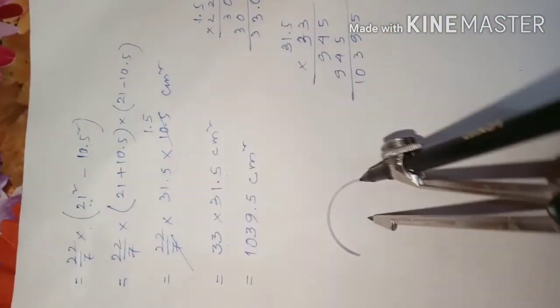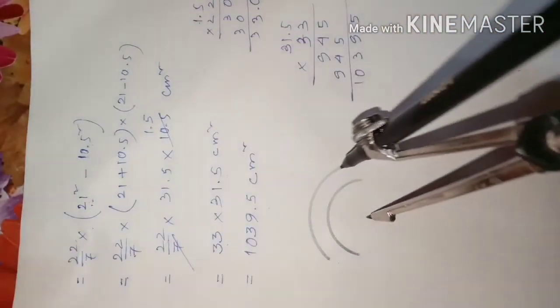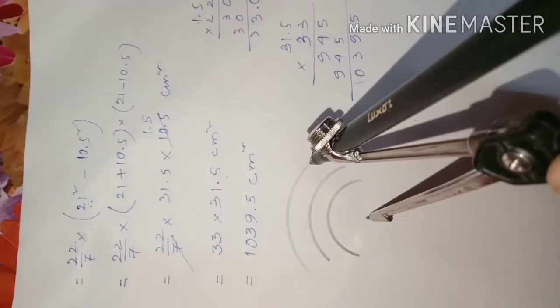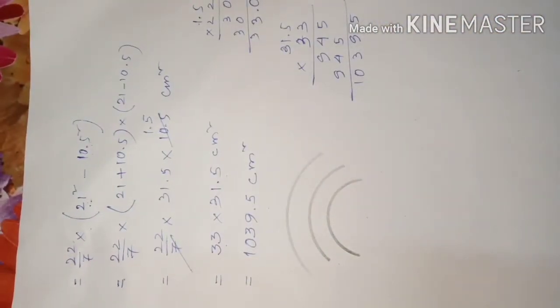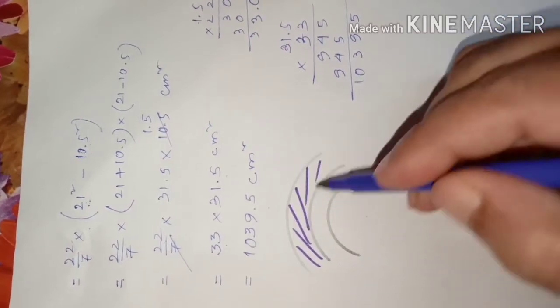This is gold. Next one is red. Next one is blue. I am not drawing complete circles. Try to understand. Dear students, this is the blue region.